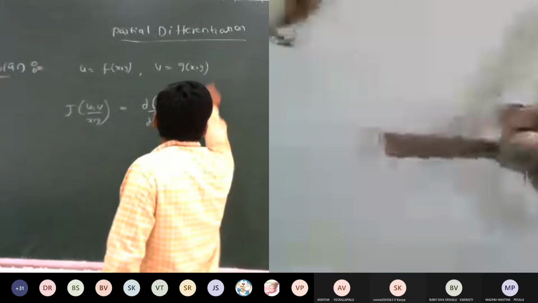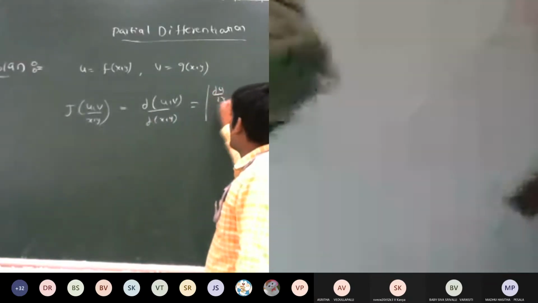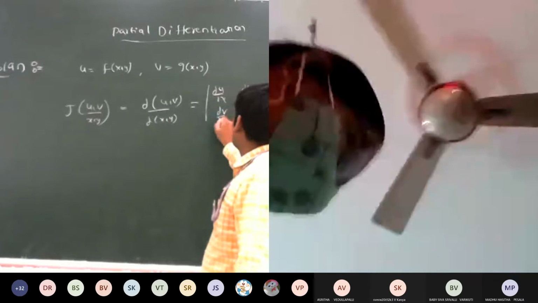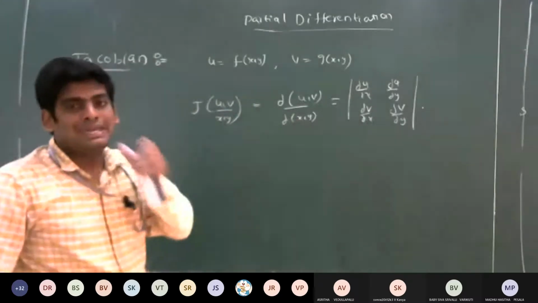It is defined as the determinant with first row dou u by dou x, dou u by dou y, and second row dou v by dou x, dou v by dou y. This is called the Jacobian of the dependent variables u comma v with respect to x comma y.